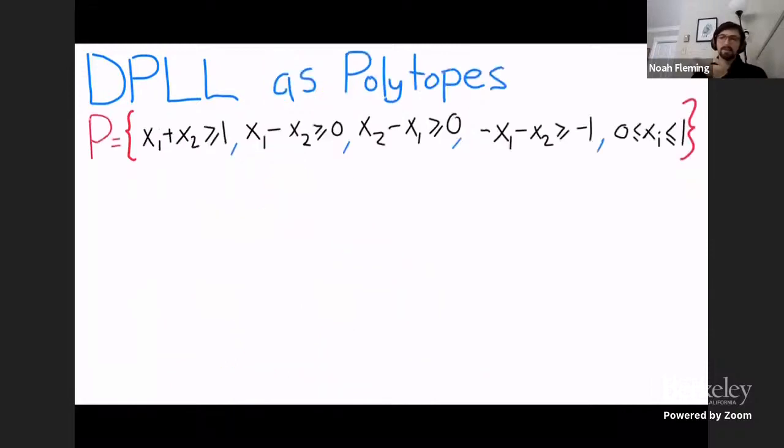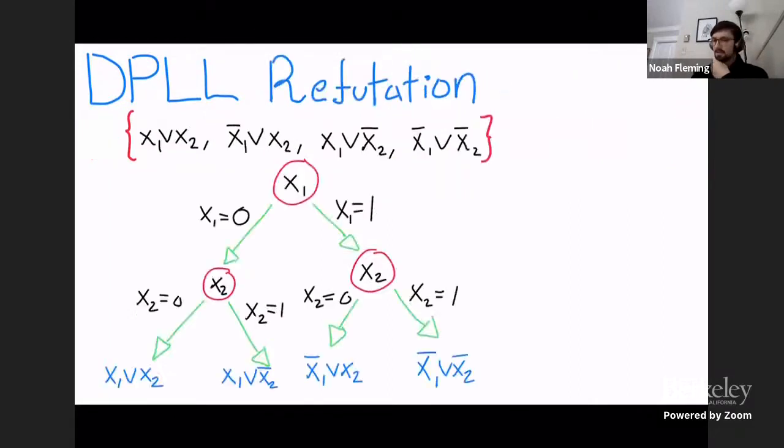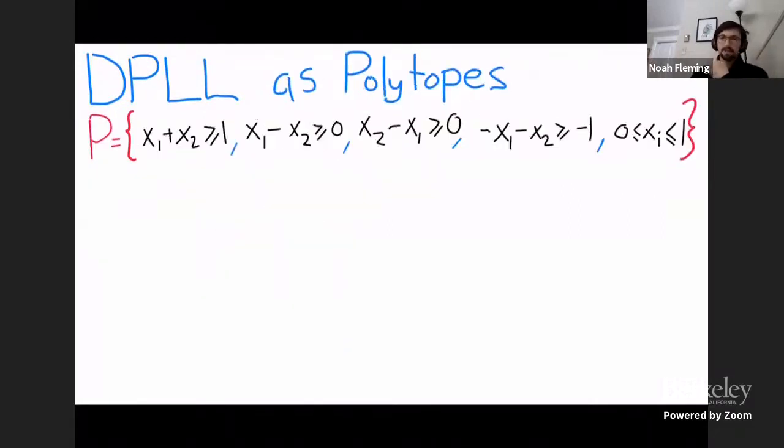Okay, so we're interested in the integer programming world, so we want to rephrase DPLL in this language. First of all, I've just rewritten the previous CNF formula as an equivalent, equisatisfiable system of integer linear inequalities, using the standard transformation.